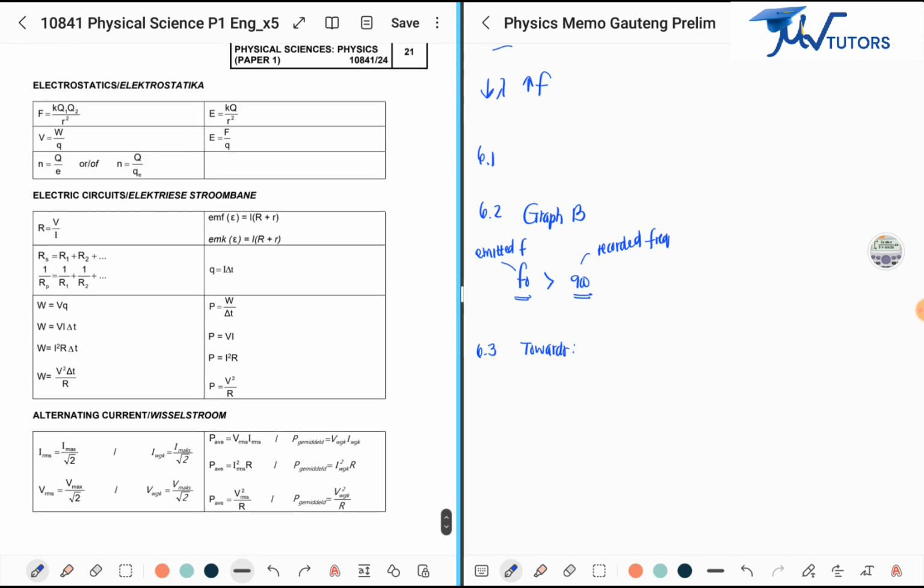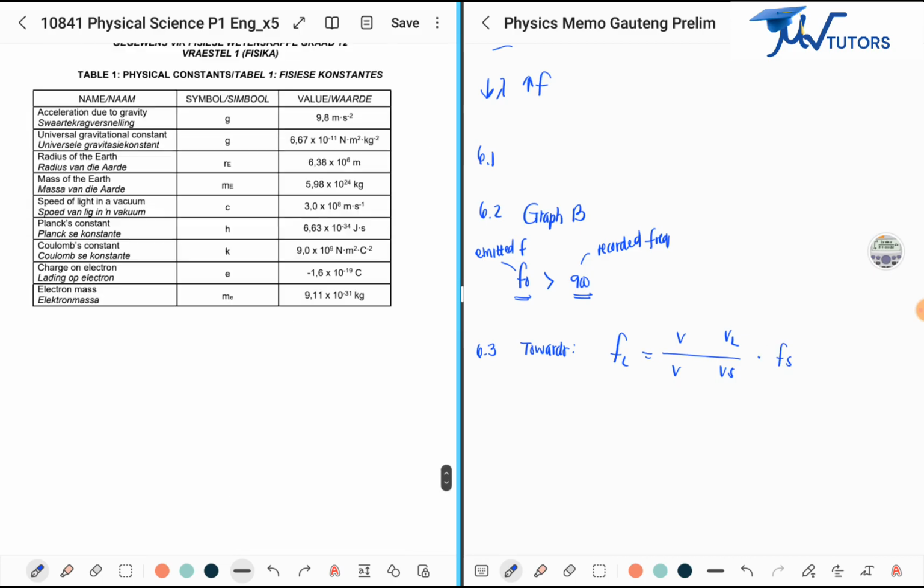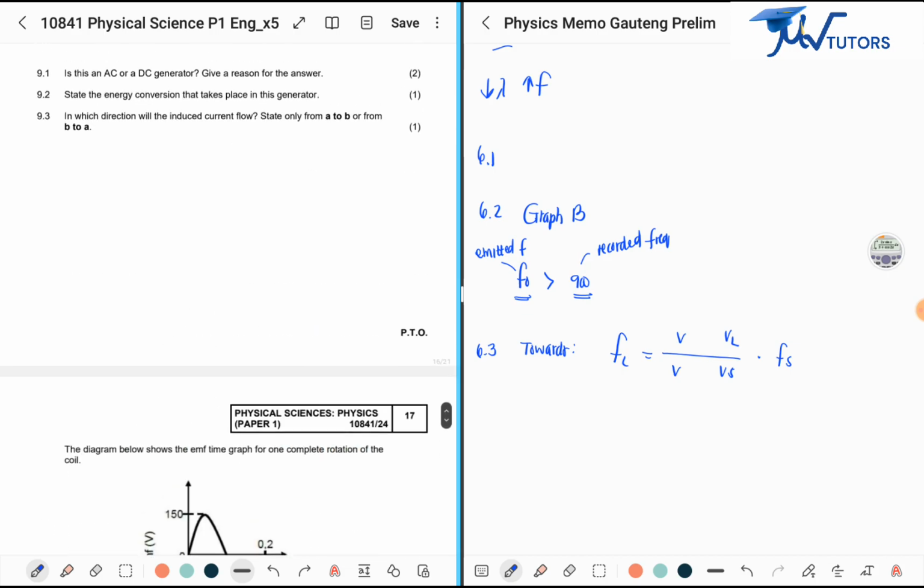So the frequency of the listener is equal to the speed of sound in A. I'll get to the signs there, and then the speed of the listener, or the velocity of the listener, and that of the source. Okay, so that is the formula.